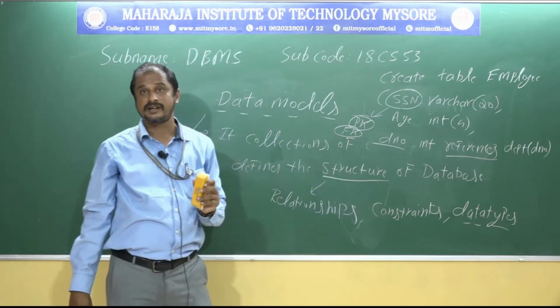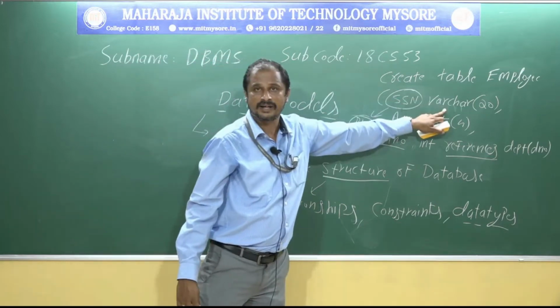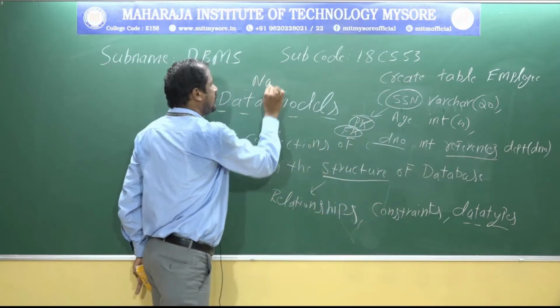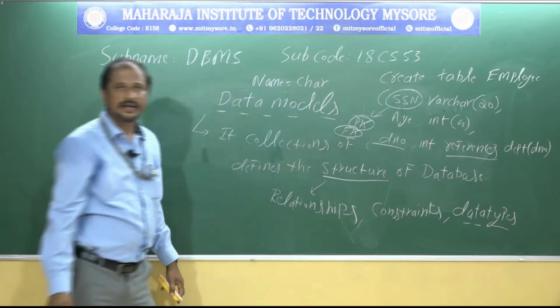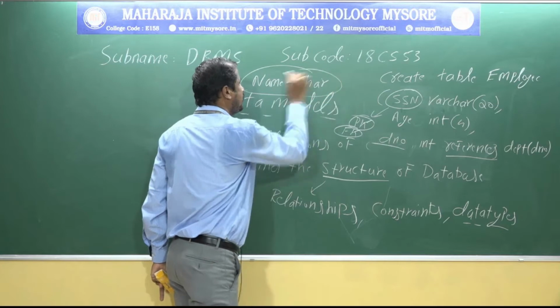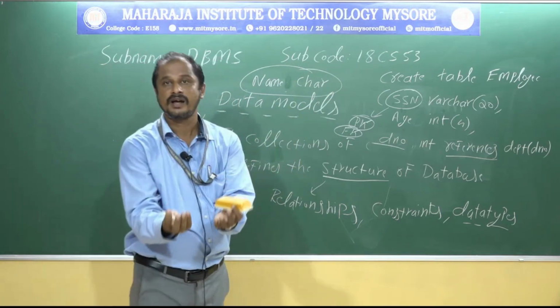So there are data types that define. So I'm defining SSN with a varying character, age with an integer, maybe name with character. So I define name with a character, and date with a date, time with a time.